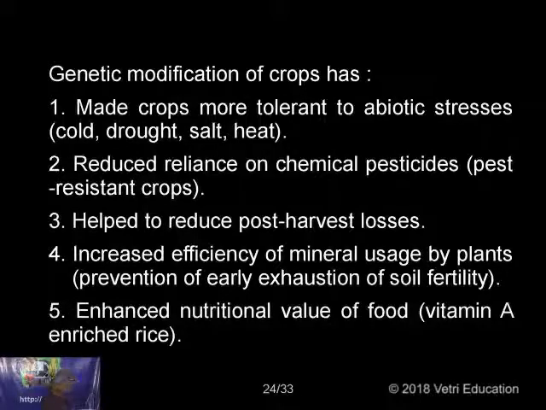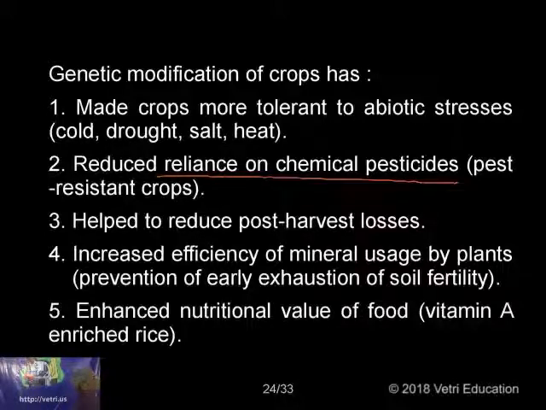Genetic modification of a crop has made crops more tolerant to abiotic stresses: cold, drought, salt, heat, etc. It reduces reliance on chemical pesticides. Not totally, you can't totally avoid them, but you have reduced the reliance. It also helped to reduce post-harvest losses, which is very important.